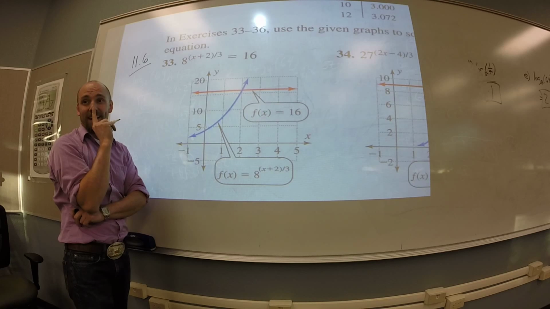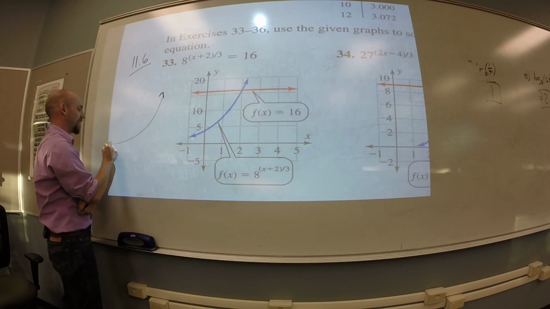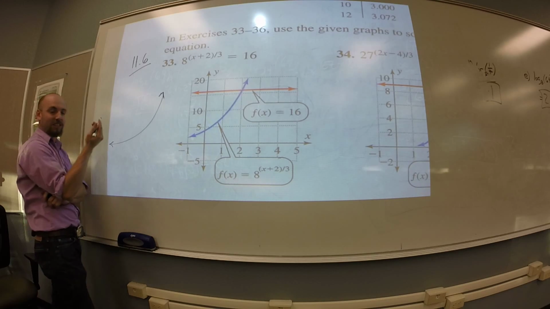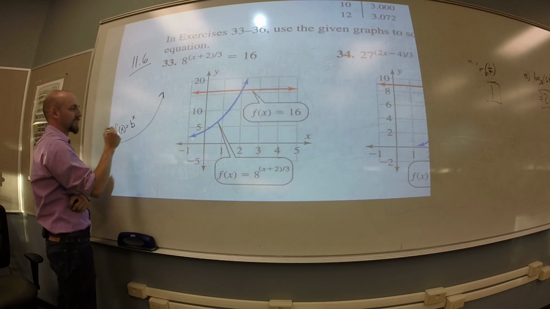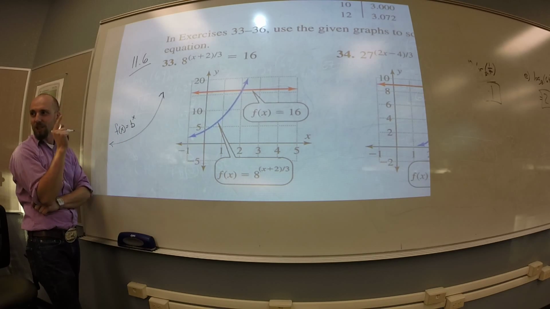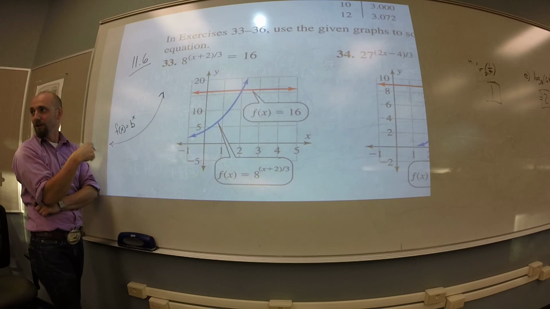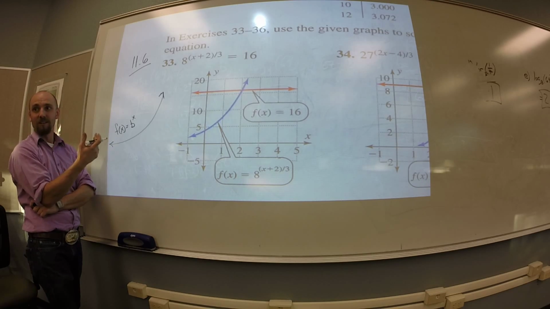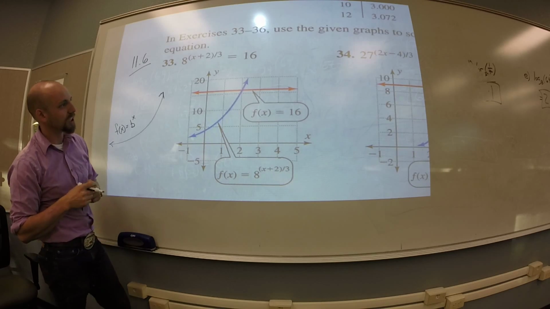I remember that those things look like this, the generic f of x is b to the x, where b is bigger or smaller than 1? Bigger than 1. 8's bigger than 1, so this seems like it agrees with my intuition. Okay, so I'm cool noticing that.